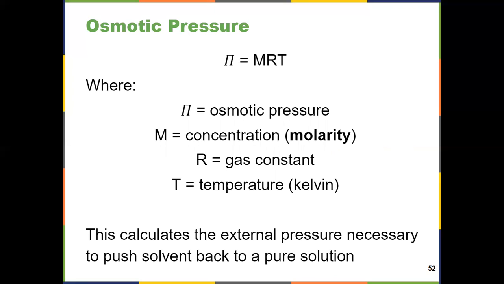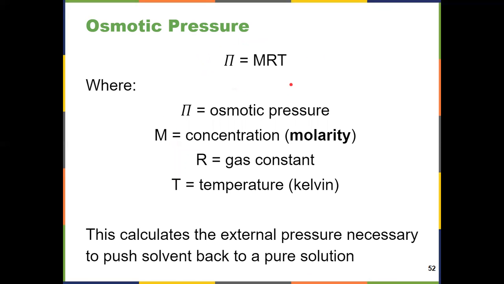If you're doing vapor pressure lowering, you're dealing with mole fraction, X. If you're doing boiling point elevation or freezing point depression, you're dealing with molality, lowercase m. And here for osmotic pressure, we're dealing with capital M, molarity. R is our gas constant that we've used before, and then T is our Kelvin temperature.